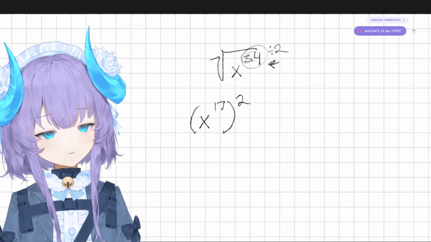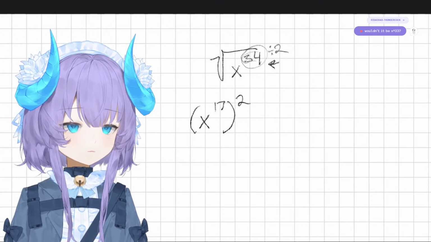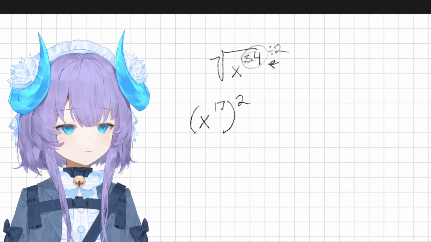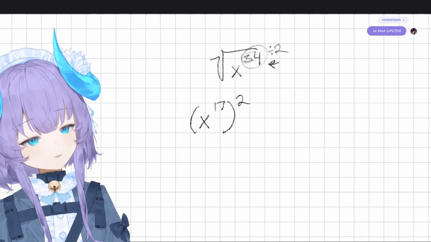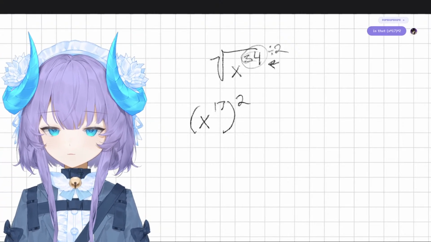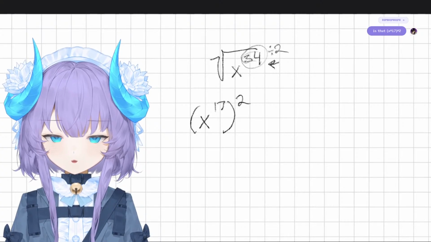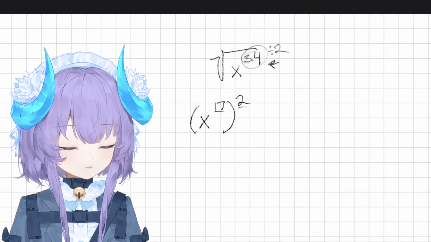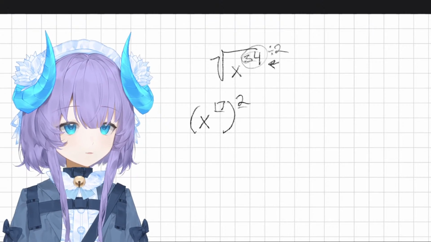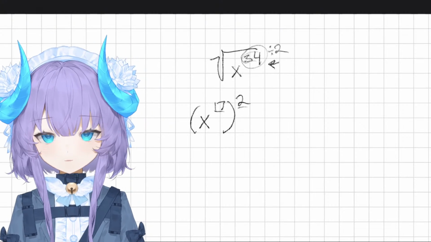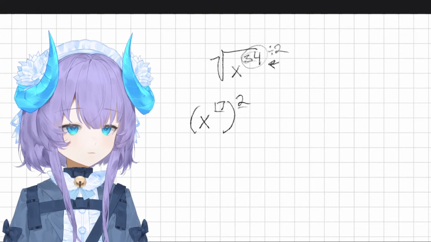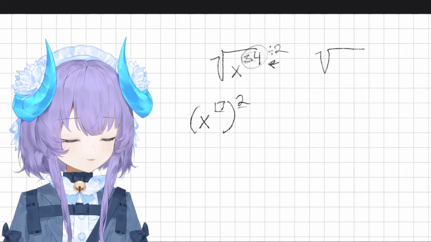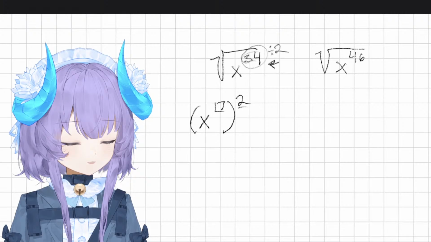The example that they have is x to the 46.